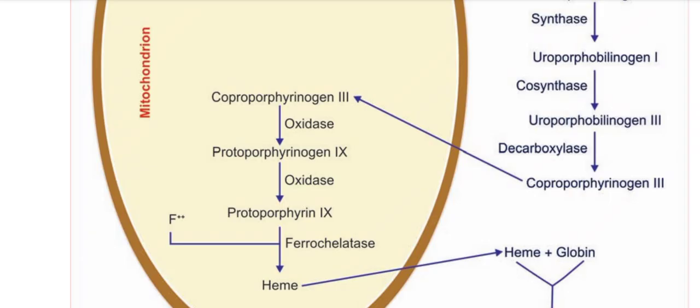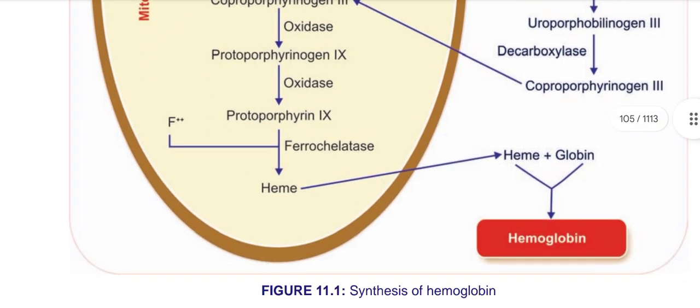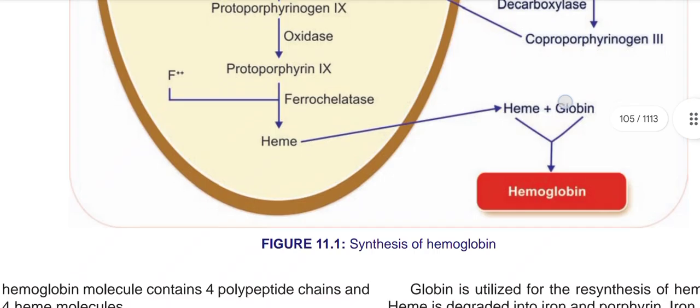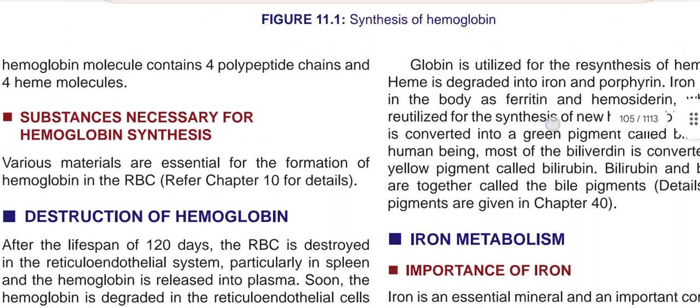Coproporphyrinogen 3 with oxidase forms protoporphyrinogen 9, with further oxidase forms protoporphyrin 9, which along with ferrochelatase is converted into heme. Heme comes out of the mitochondria, globin is attached with it, and formation of hemoglobin is done.